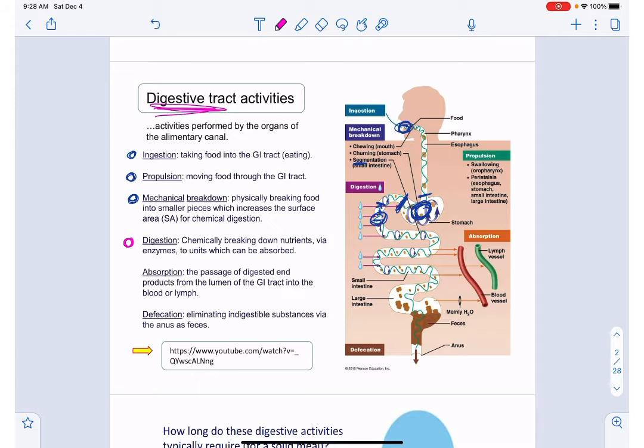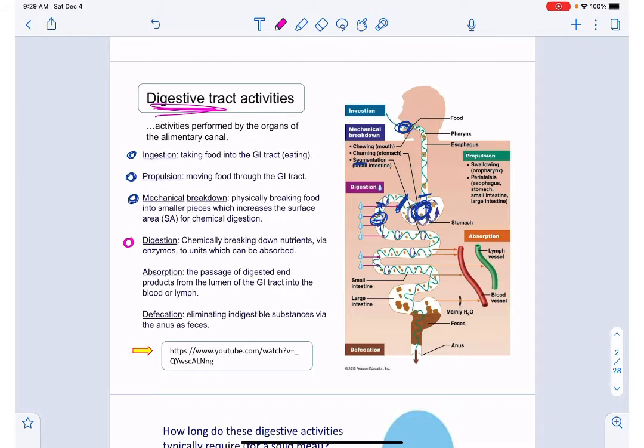So for instance, proteins, we want to break down into, what do we want to break proteins down into so they can be absorbed, so they can move from the digestive tract into the blood? We're going to break those down into individual amino acids. What about long strings of carbohydrates, polysaccharides? What are we going to break those down into? We're going to break those down into monosaccharides.